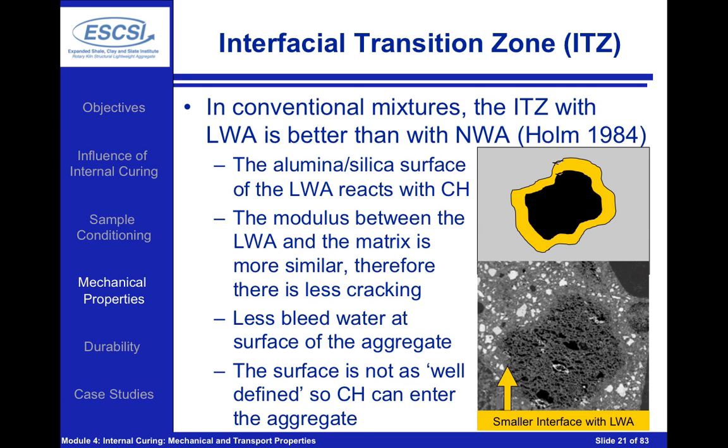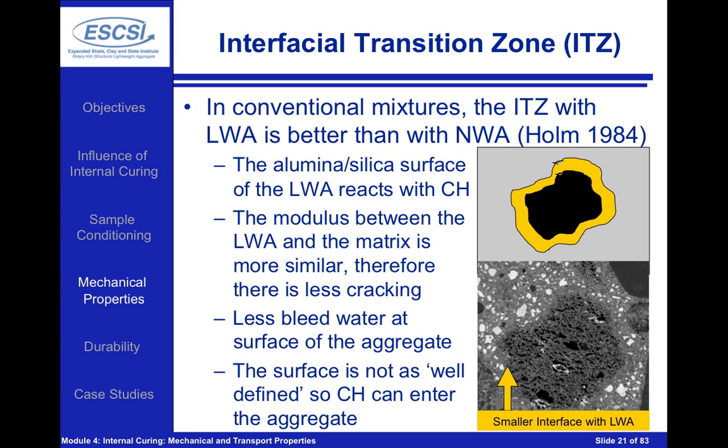Now, in conventional mixtures, what we will notice is that the interfacial transition zone around lightweight aggregate tends to be better than it is around a normal weight aggregate. When I say better here, what I'm saying is it's more dense and more uniform. And if we look at this picture to the right-hand side, what we're going to notice here is the lightweight aggregate on the bottom here, shown as this porous material in the center, where these pores have been expanded inside of the lightweight aggregate.